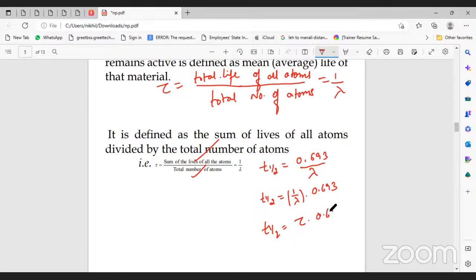So tau into 0.693. This is the relationship between the half-life and the mean life. So half-life is equal to mean life into 0.693. So these are the three important formulas, students, you have to remember in radioactivity, where the problems will be very simple.